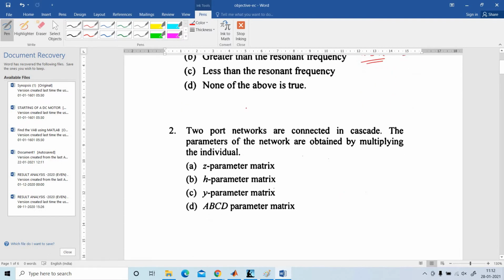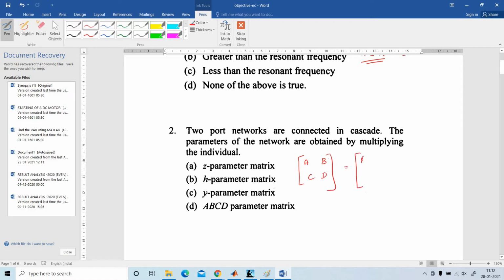Two-port networks are connected in cascade. The parameters of the network are obtained by multiplying the individual A, B, C, D matrices.